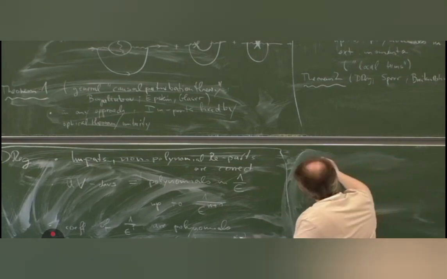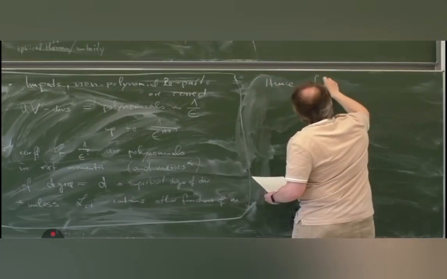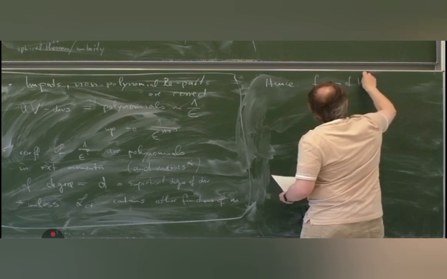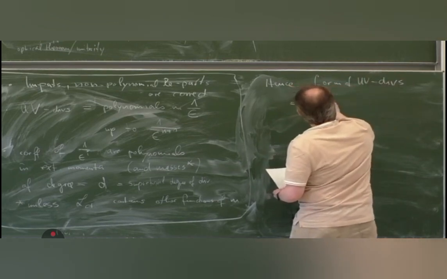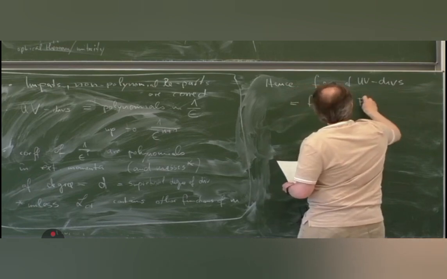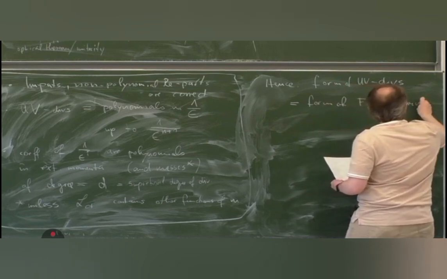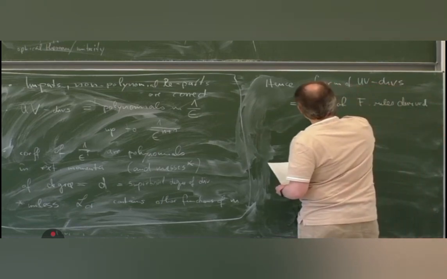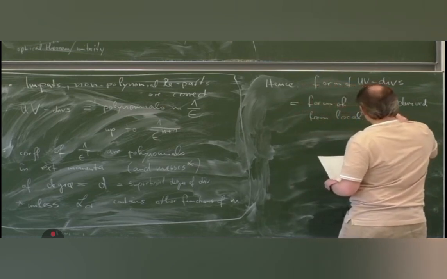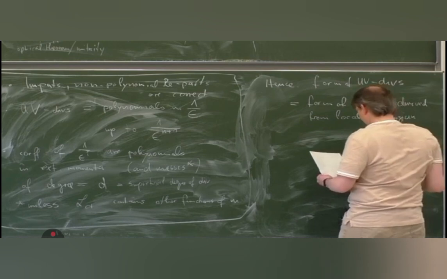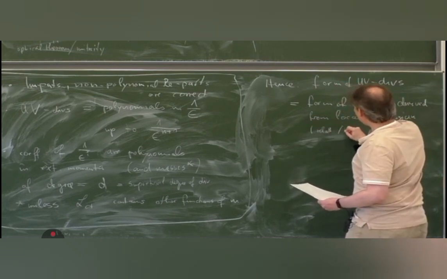So, to say it simply, the form of the UV divergences is the same as the form of Feynman rules derived from yet another local Lagrangian, which is of course also relativistic and Hermitian.